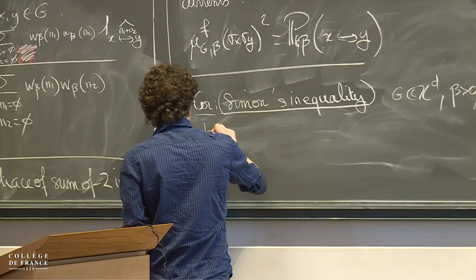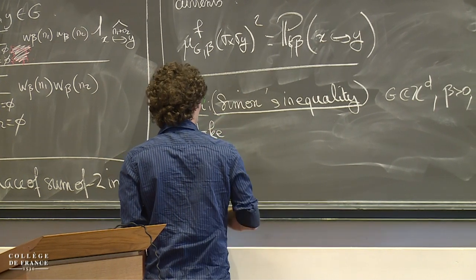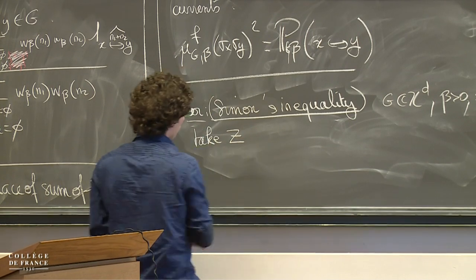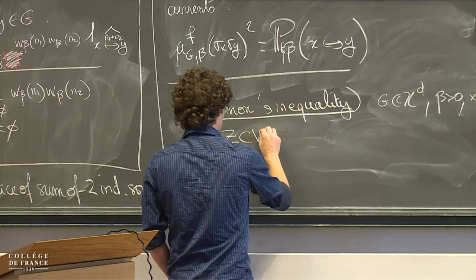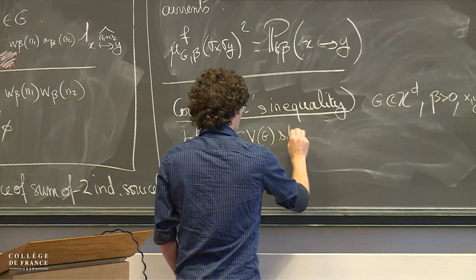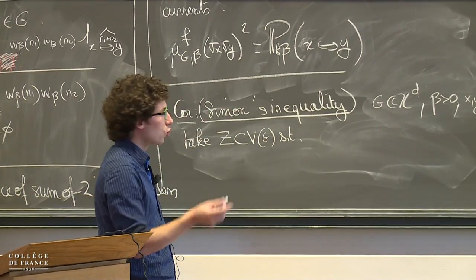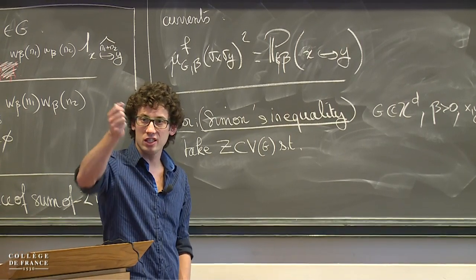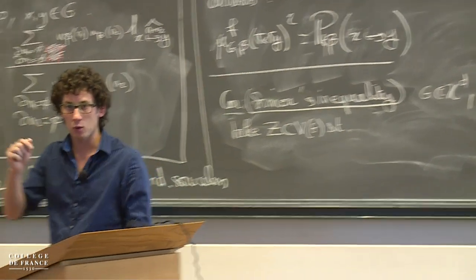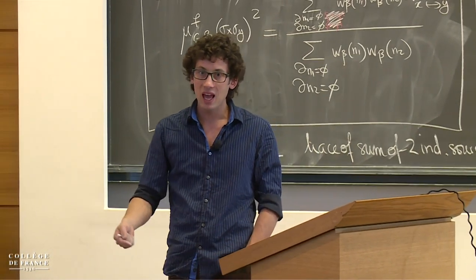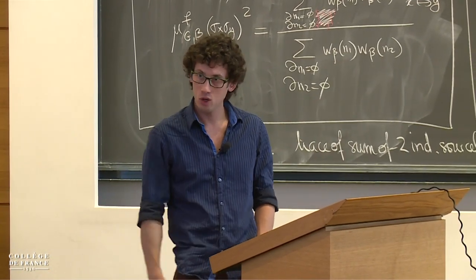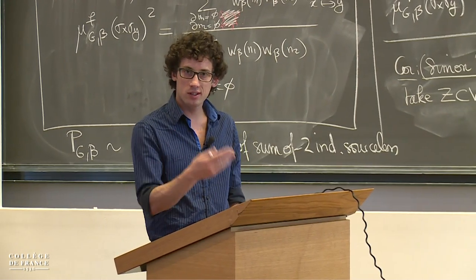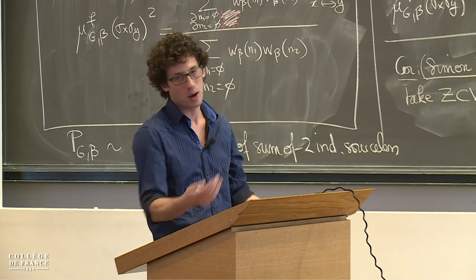Now take a subset, let's call it capital Z, such that to go from x to y using only a path for which J_xy is strictly positive, I need to go through Z. So typically, for the nearest neighbor model, Z should be a set which is separating x from y.